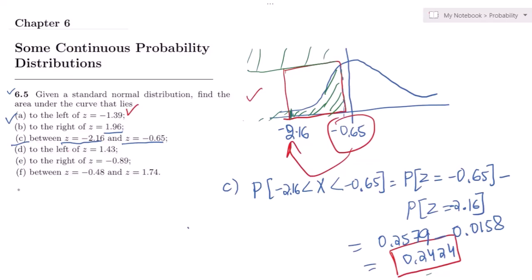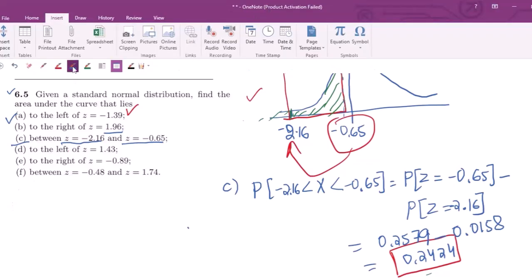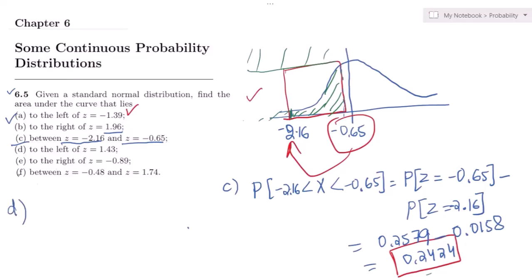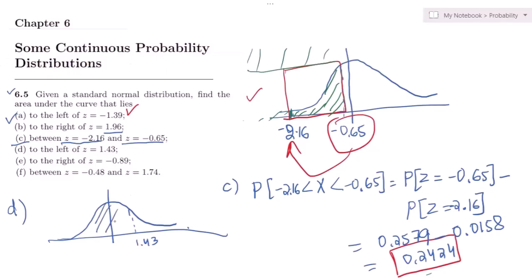For part D, you have to do what? Again, a similar formulation: we have to find the area to the left of 1.43. Let me have here this 1.43, and we want to find the area of all these.